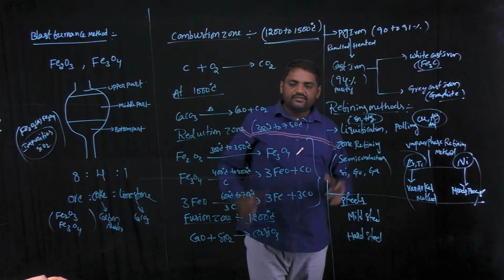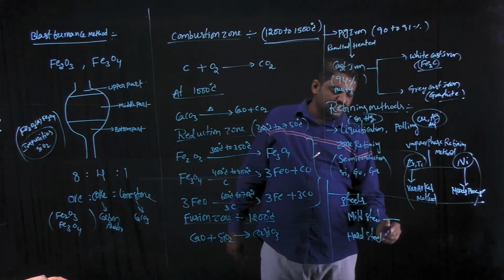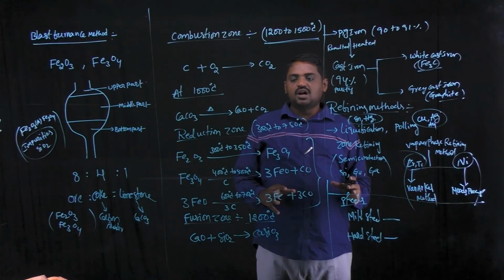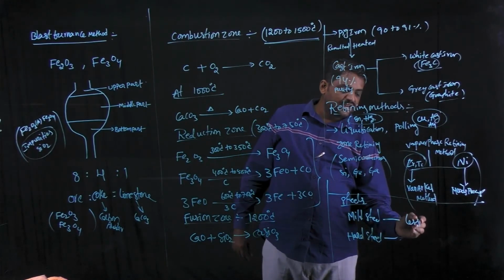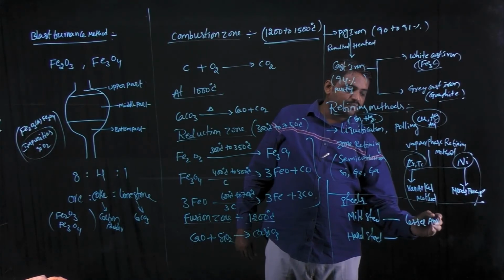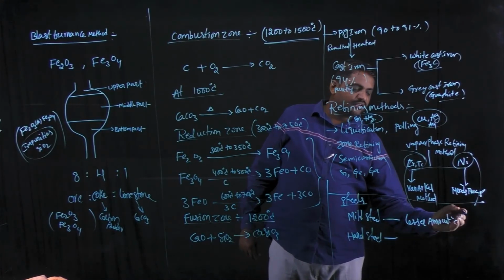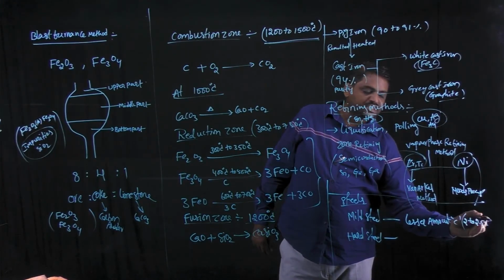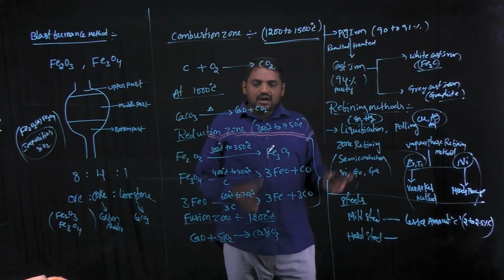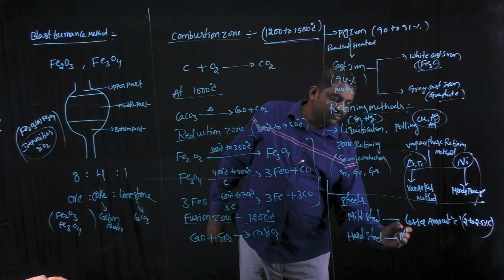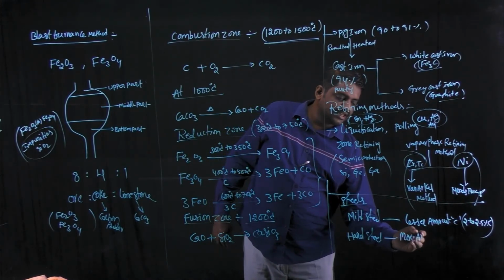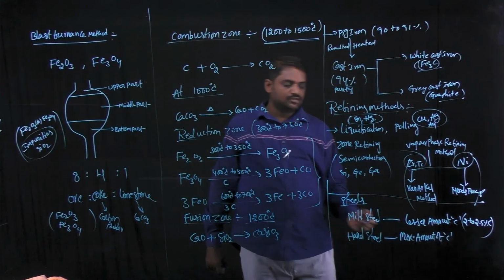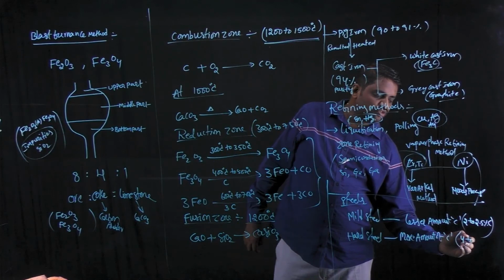What is the difference between mild steel and hard steel? The mild steel contains a lesser amount of carbon, only 2 to 2.5 percentage carbon is present in it. And the hard steel contains more amount of carbon, generally 4 to 7 percentage carbon.